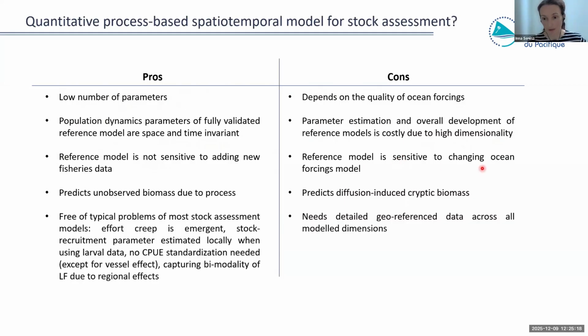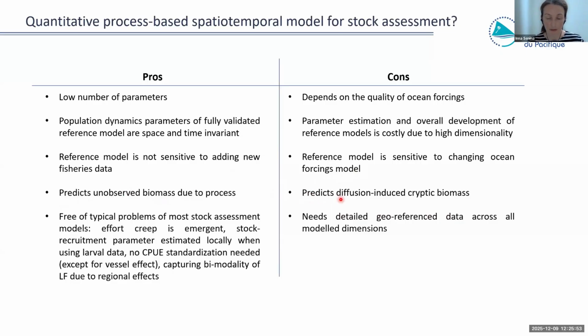However, it is sensitive to the changing forcing model because every ocean model has biases. Quite important. Another pro is that this model predicts unobserved biomass due to process, and this is very good because the biomass that was not observed through catches at time t will be observed at time t plus 1 because it was moved from another unobserved area thanks to the process.